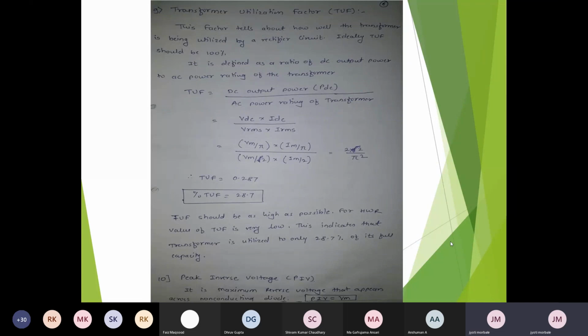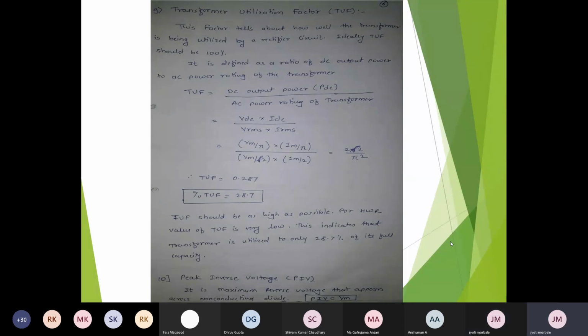For half wave rectifier, this factor is very low. This indicates that the transformer is only utilized to 28.7% of its full capacity. This is one of the disadvantages of half wave rectifier. कि ट्रांसफॉर्मर ओनली 28-29% ही यूटिलाइज होता है आउट ऑफ 100%.